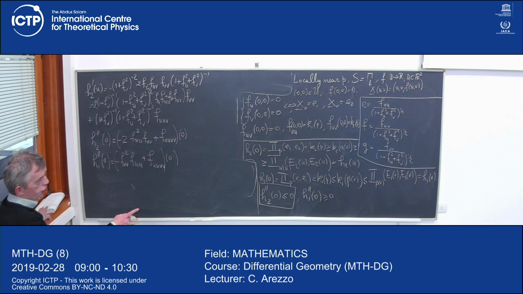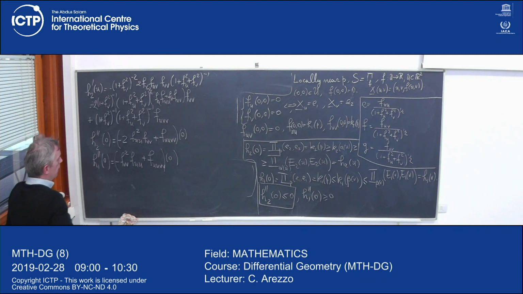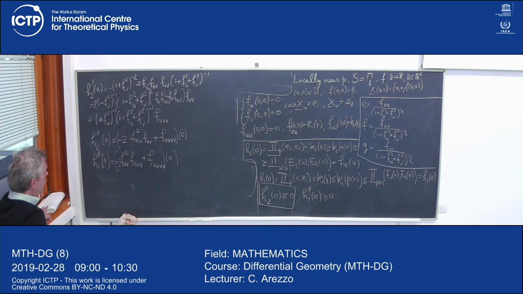That H2 at 0 is less than or equal. So now the inequality we have is that this is less than or equal to this. So if we repeat the same thing here, we would get a 2. And now would this be enough to prove anything? Yeah, I think it's okay.